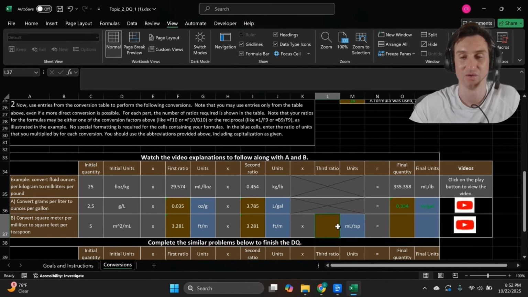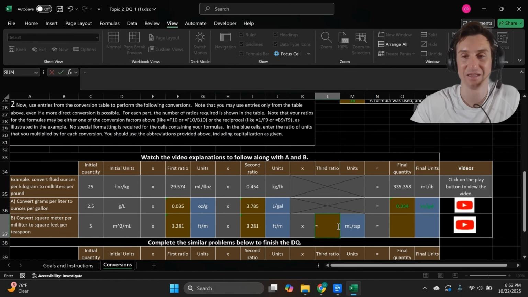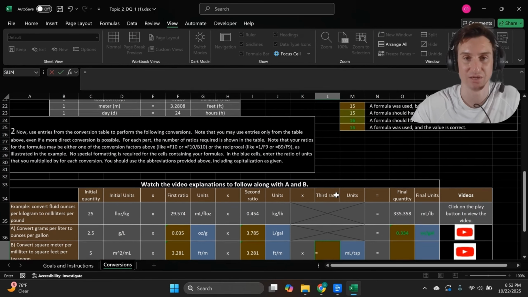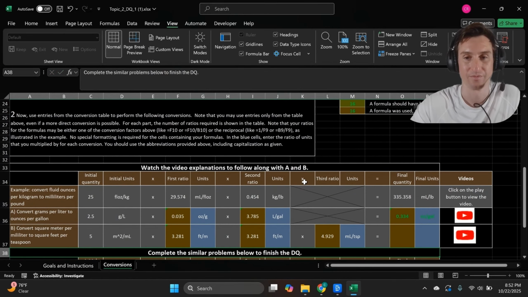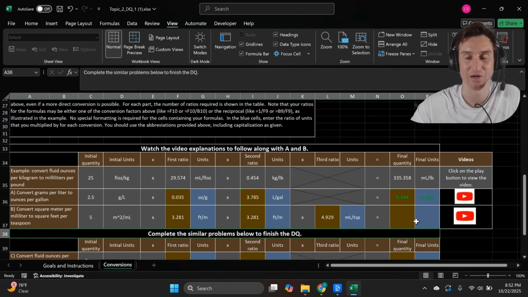And so again, we're going to go look at our conversion table for this relationship between milliliters and teaspoon. We want milliliters first. So it looks like it's right here. We want milliliters first divided by our teaspoon. And finally, let's put in our last units.